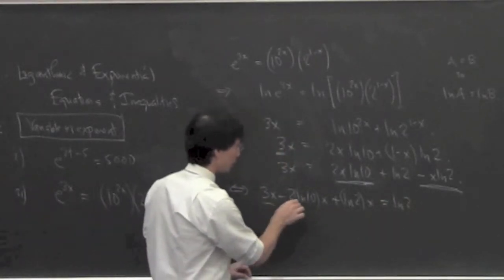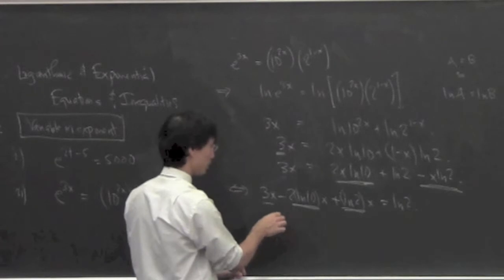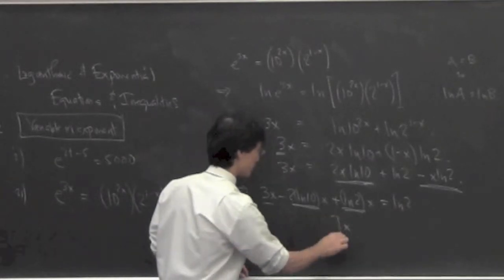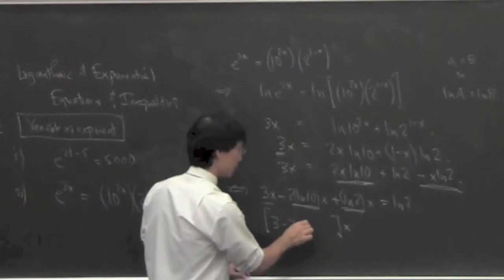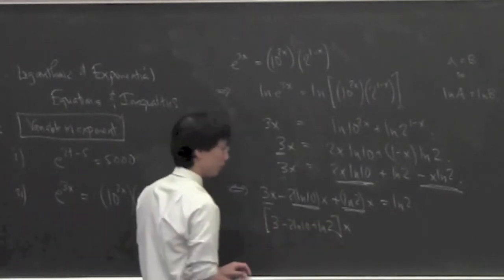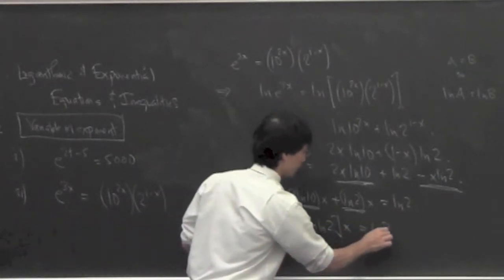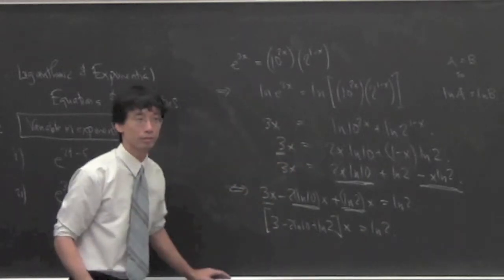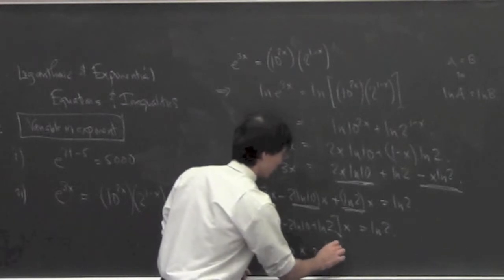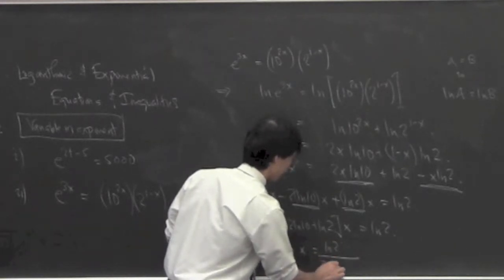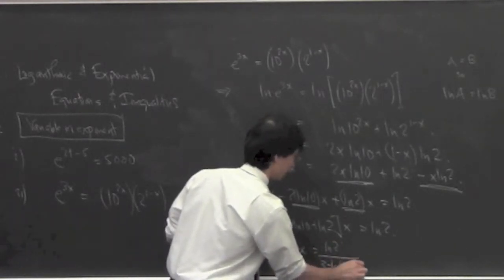You take all these things, you factor out the x, just as you did in junior high school. And then you divide both sides by that factor. So x is natural log of 2 over this.